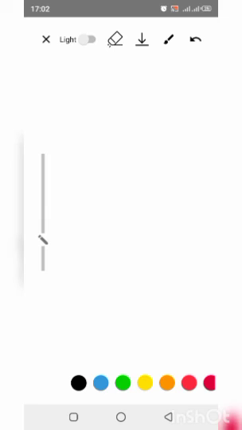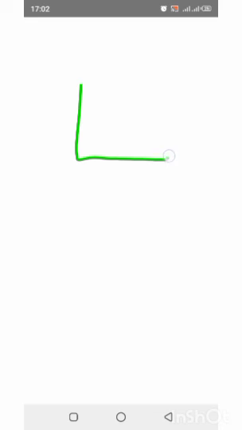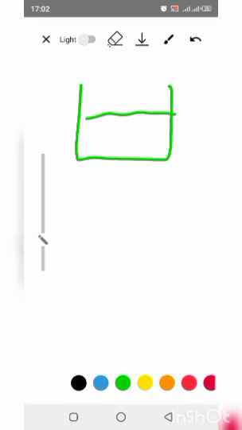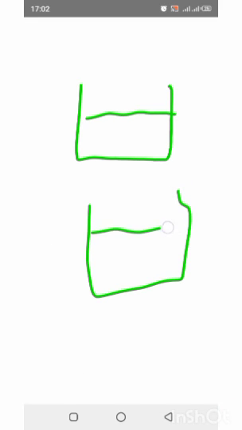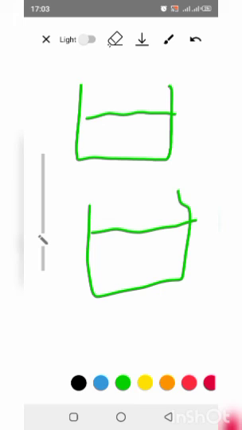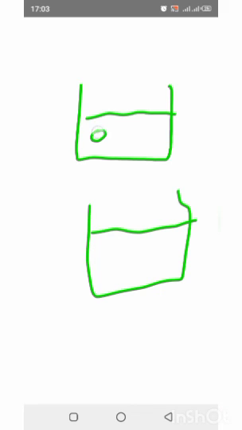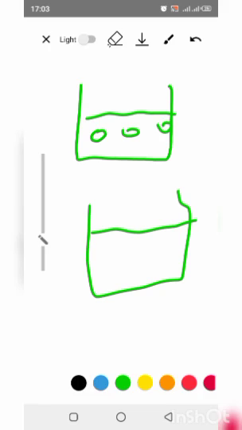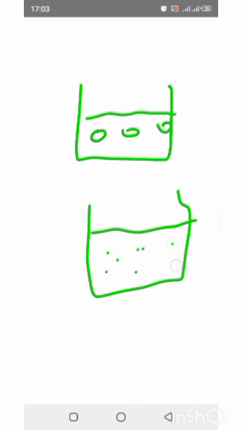Another thing is surface area. Surface area affects diffusion in a way where, for example, we have big blocks of sugar like this, and smaller blocks of sugar like this, of the same mass.